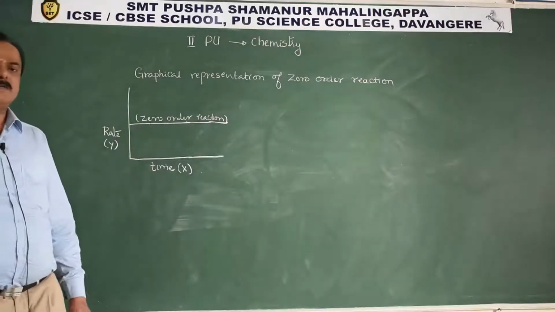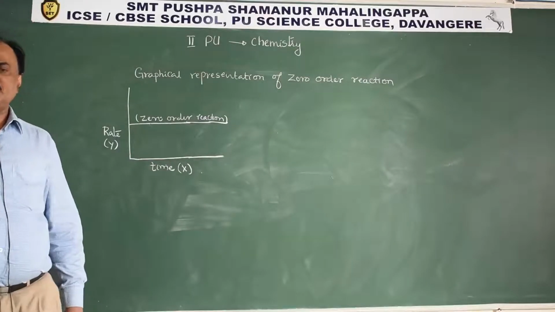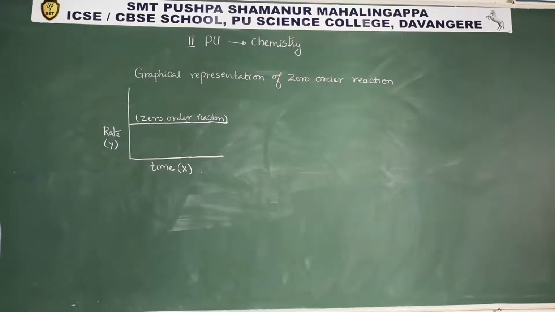Then that is the nature of the graph for zero order chemical reaction.